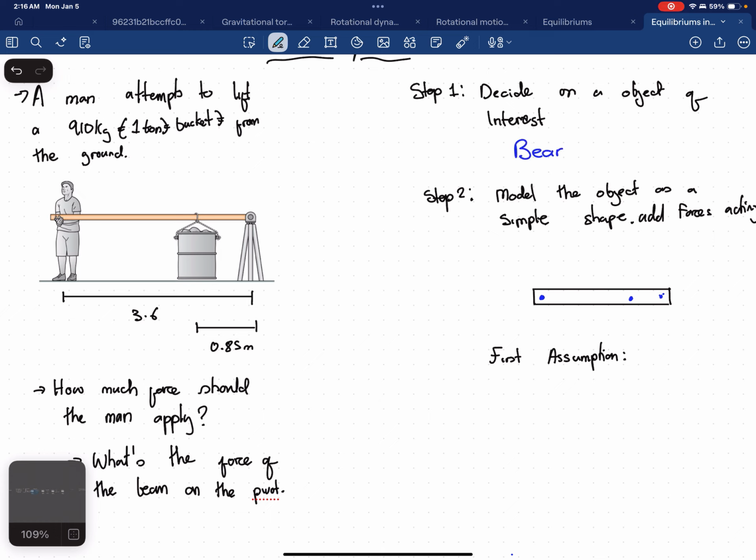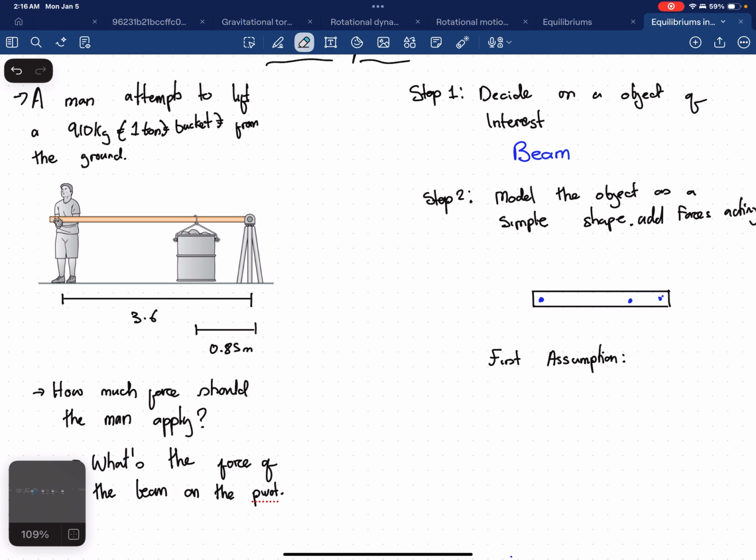Why is it the beam necessarily? Because it touches all the other objects in the system. It touches the pivot, the bucket and the man. So step 2 in solving this problem is to model our object as a simple shape and add the forces acting on it.